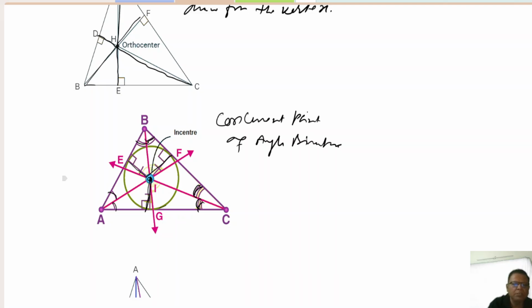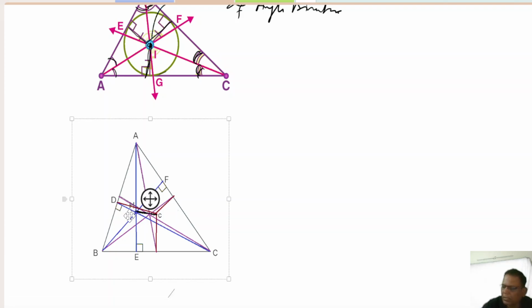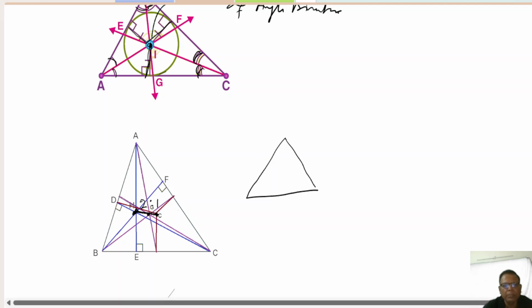Now HGC theorem. HGC theorem is very important. In a circle, you are drawing both. This is the concurrent point of altitudes, this is the concurrent point of medians, and this is the concurrent point of perpendicular bisectors. So all three will be in one line, and it will cut in 2 is to 1 ratio. But for the equilateral triangle, all three points will be the same.